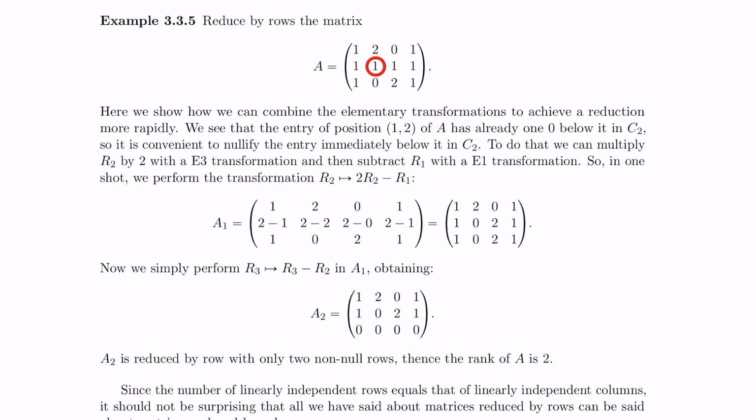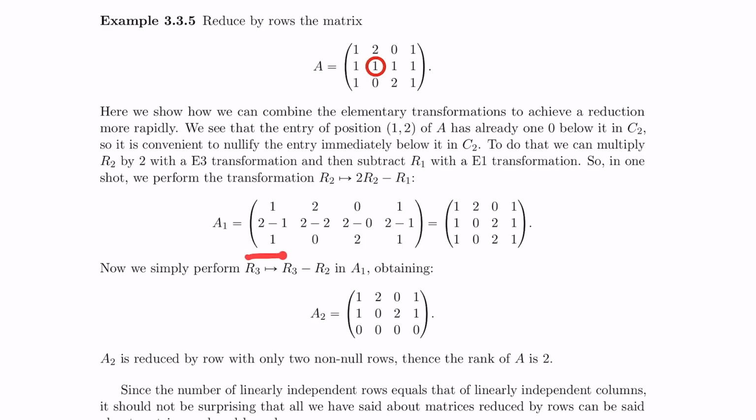In order to do that, if we multiply the second row by 2 and then we subtract the first row, we of course obtain 0 in this position here. So we can perform this combined elementary transformation obtained by this E3 transformation and this E1 transformation in order to get this matrix here.